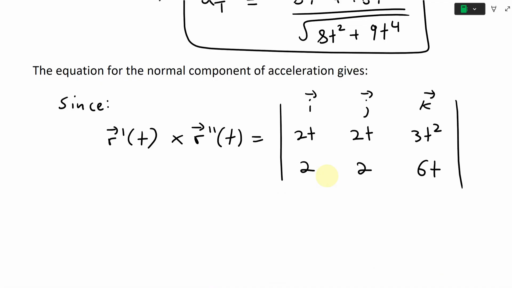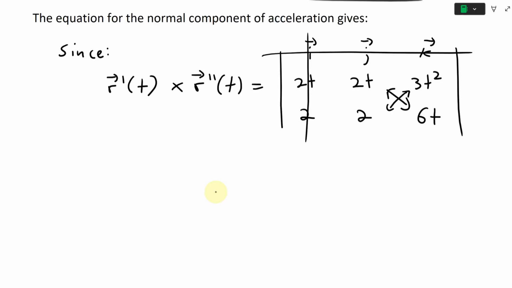Now we have to get the cross product. Recall the easy way to memorize: cross out the column, multiply the diagonals, and subtract. For the i component, we have 2t times 6t, that's 12t squared, minus 2 times 3 is 6, t squared.